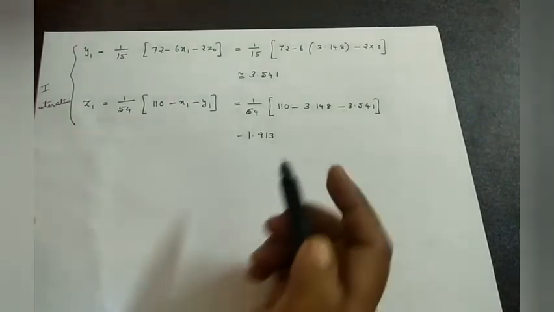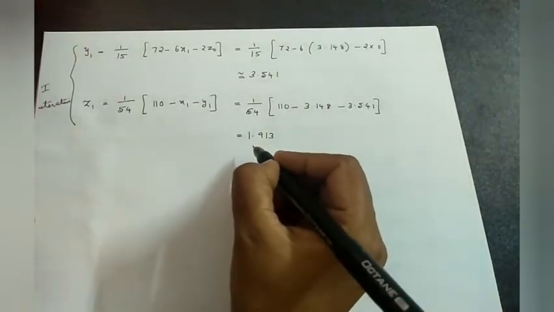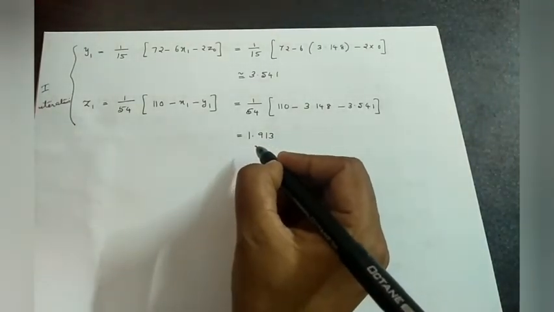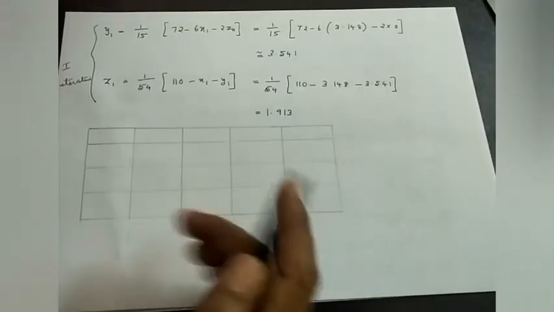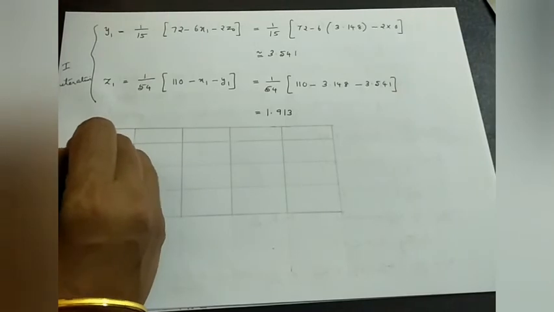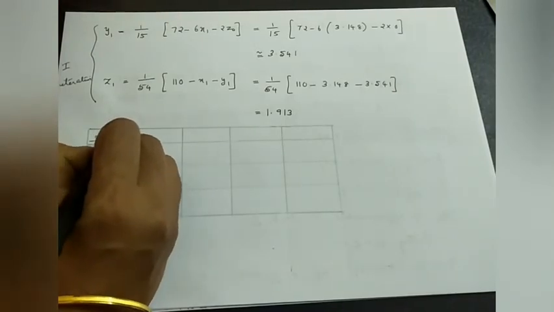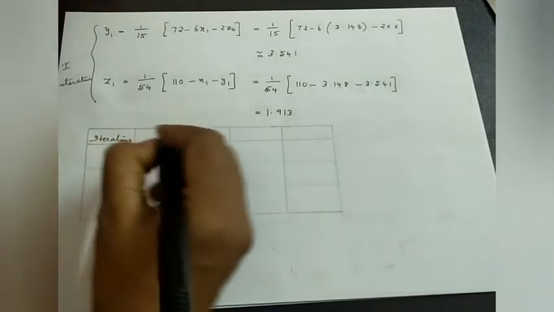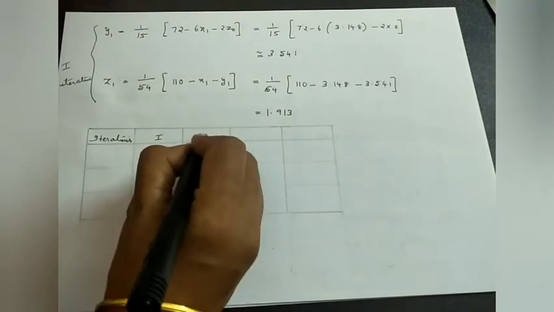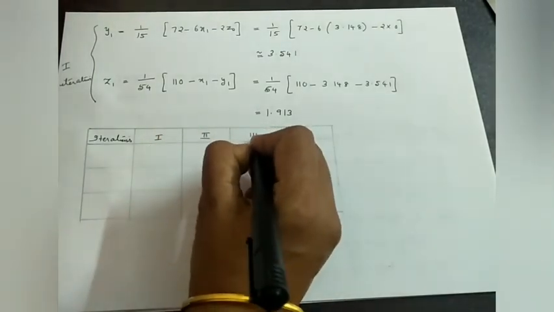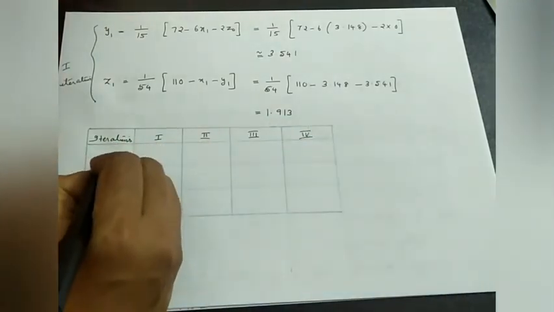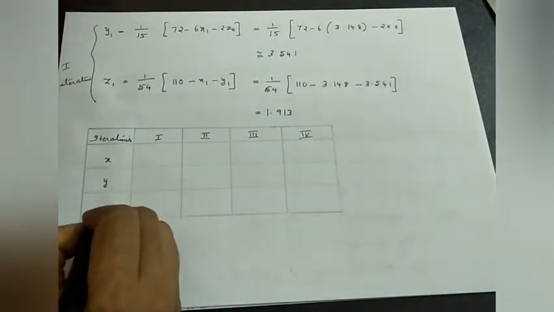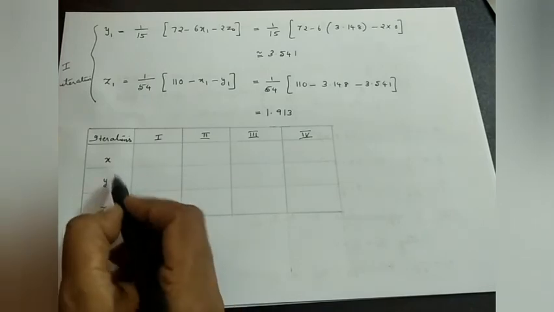Okay. Now here in this problem, I am tabulating in columns. In the first column we can write iterations: the first iteration, second, third, fourth, etc. Then the values of x, y, z.